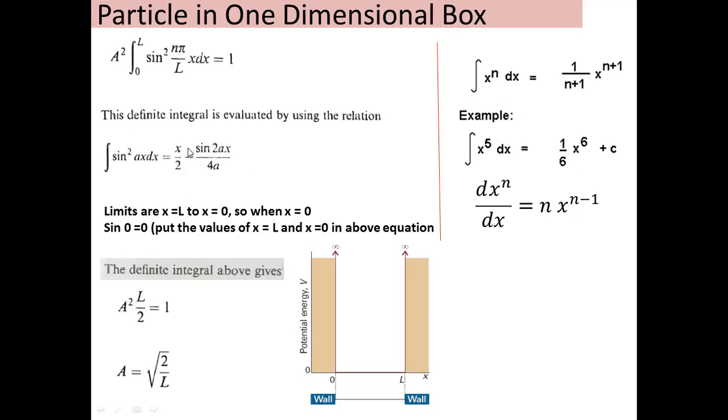I am using this one to get the normalization constant, or the value of a. So the integral of sine square ax dx will be equal to x over 2 minus sine 2ax over 4a, where x is the position of the particle at any point on the x-axis.